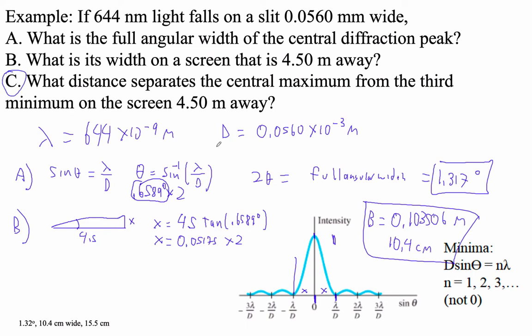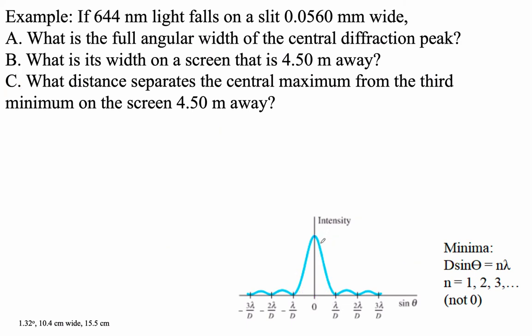All right, I think I've done all I can do without erasing the screen. Let's do C. I'll erase the screen and do C. What distance separates the central maximum from the third minimum on the screen 4.5 meters away? So that's the distance here. What distance separates this from the third minimum? 1, 2, 3 is this guy. So that angle is going to be inverse sine of 3 lambda over d.